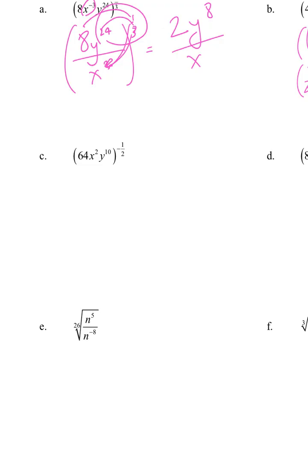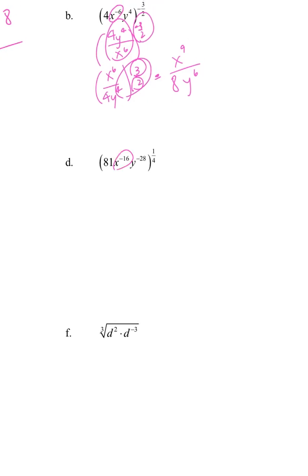All right, so this one I'm going to make this positive by rewriting it like this. And if you remember, raising something to the 1/2 is the same thing as taking the square root of it. So this becomes 8xy to the 5th.